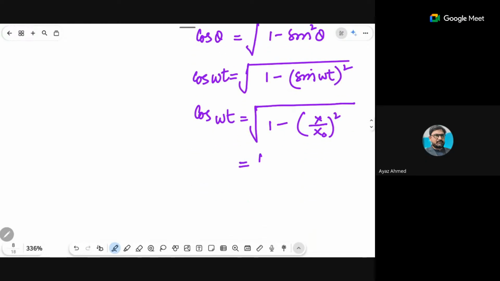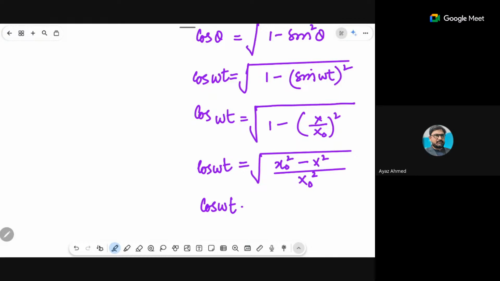तो बेटा क्या होगा इसके बाद? You will just take the under root of that, यानी you will take the LCM of this. This is x naught square under the root. Then this is x naught square minus x square. I have just solved it, right? And this is your cos omega t. So guys, cos omega t is now equal to what?